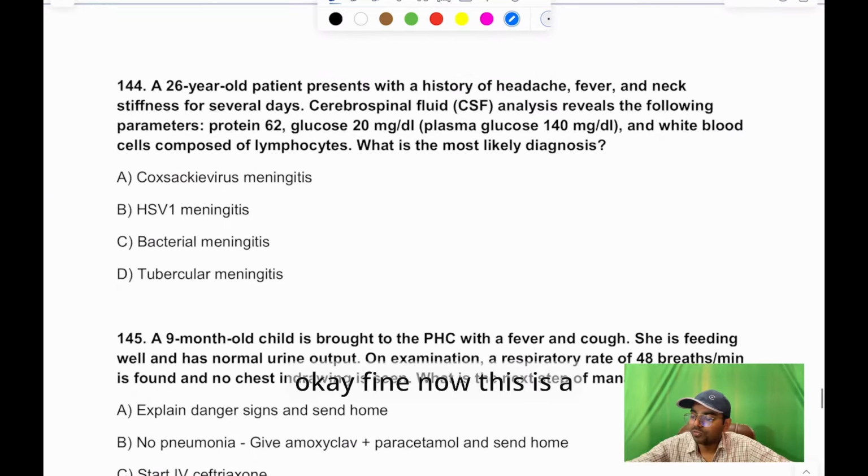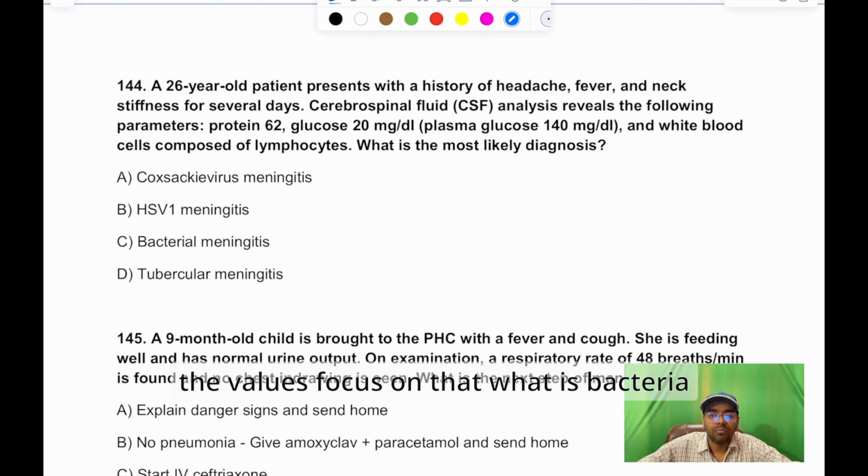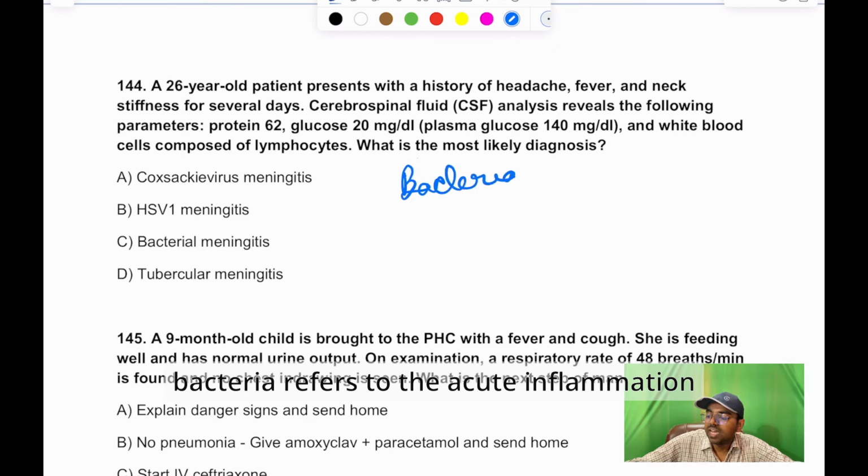Now 144. History of attack, fever, okay, fine. Now this is a very good question, but if you have your basics, don't mug up the values. Focus on that. What is bacteria? Bacteria refers to acute inflammation.